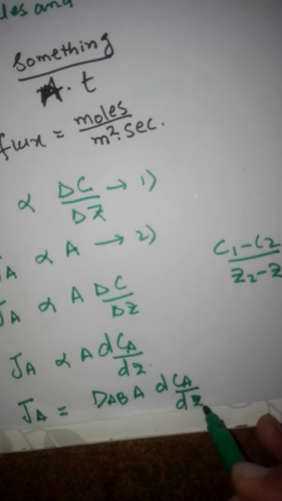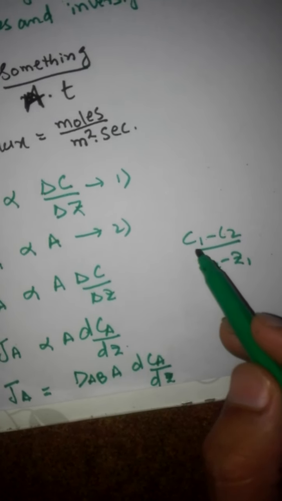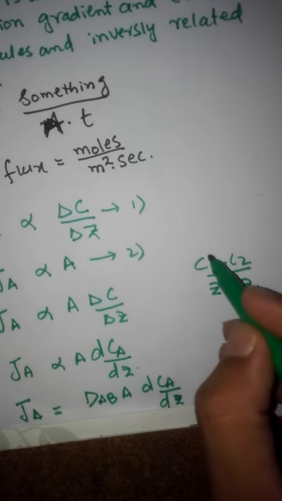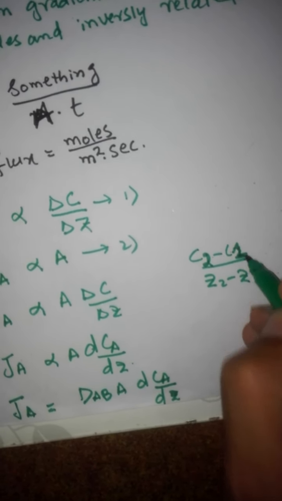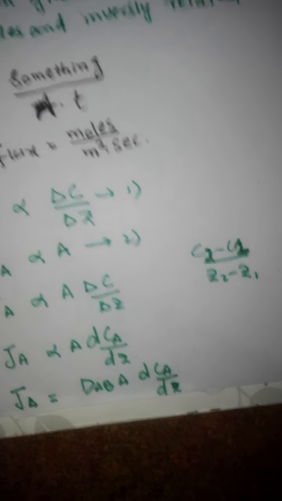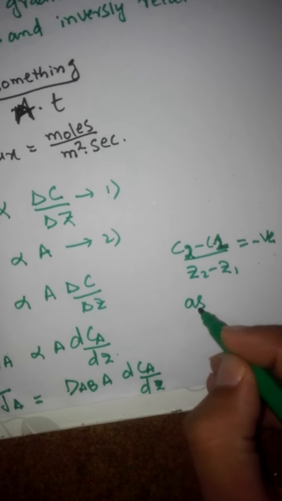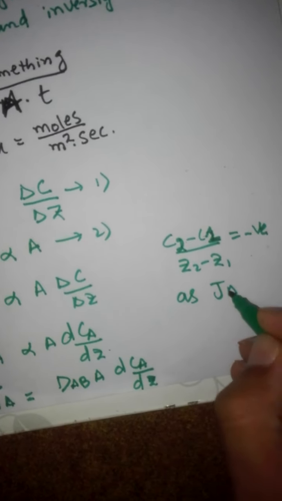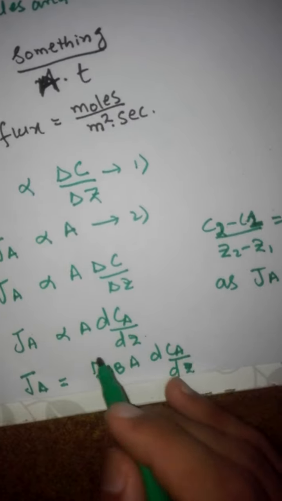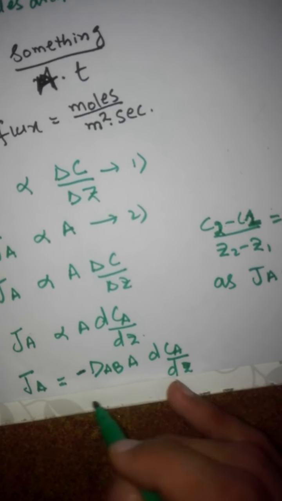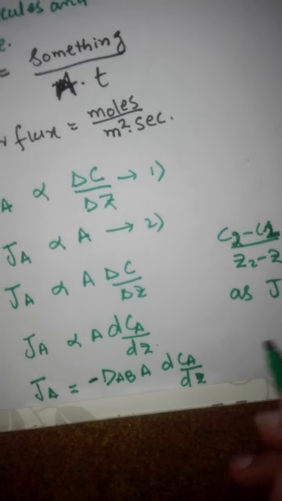As C2 is less than C1, dCA by dZ is negative. And as flux is a positive quantity, to make it positive we put a negative sign here, because negative multiplied by negative gives positive flux.